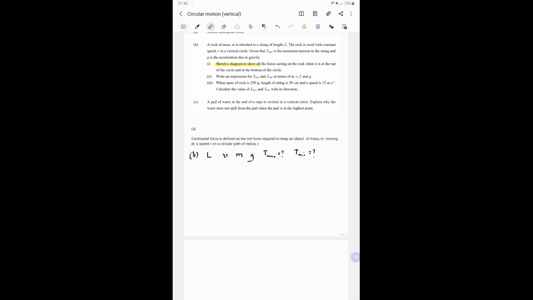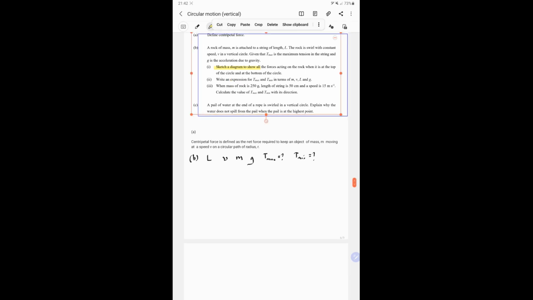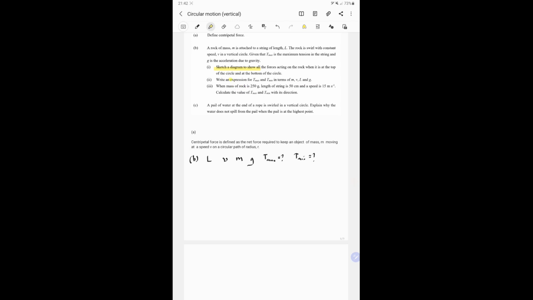Alright, for the second part, they ask you to find the expression of T max and T min. And the third one, they ask you to calculate T max and T min.